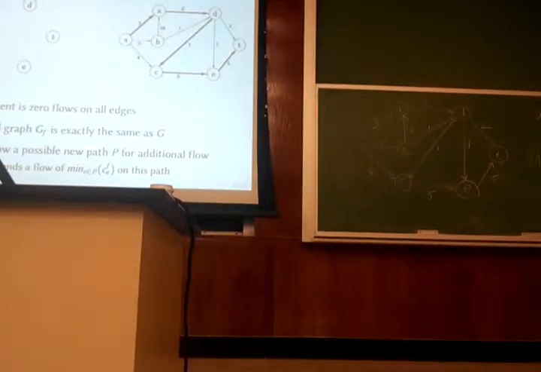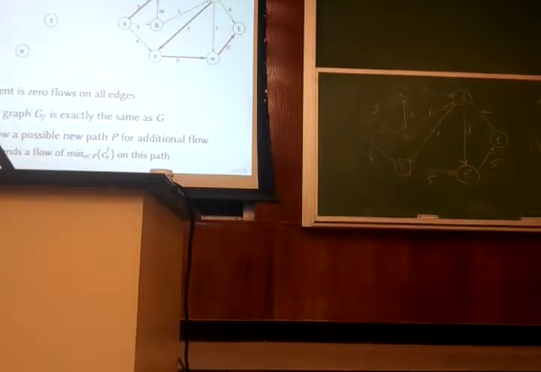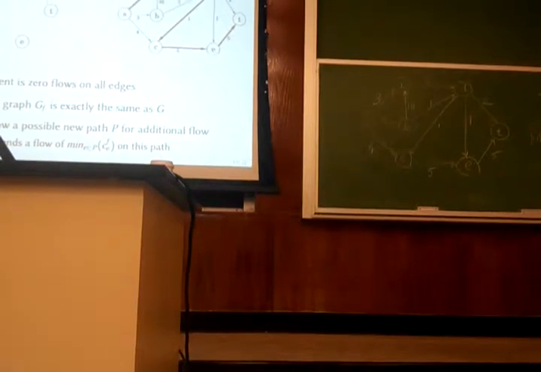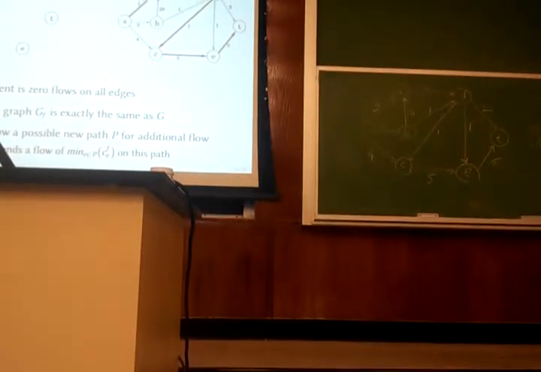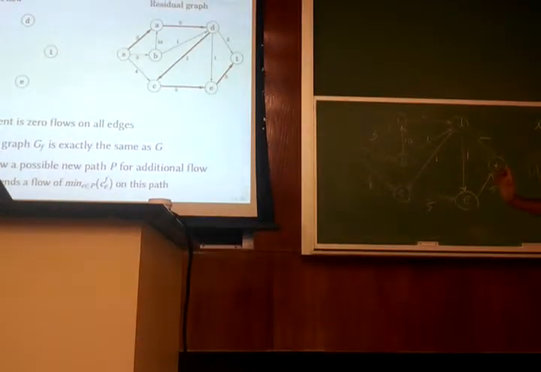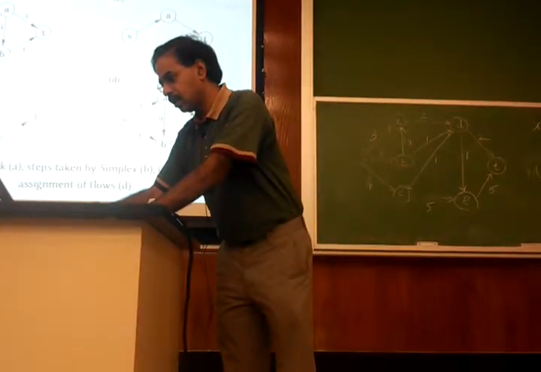Okay, and so that means you may be able to add more, so you'll have a forward edge, or you may be able to turn off an existing flow. So each edge is going to have two edges in the residual graph, which represent the change that you can make to the graph.